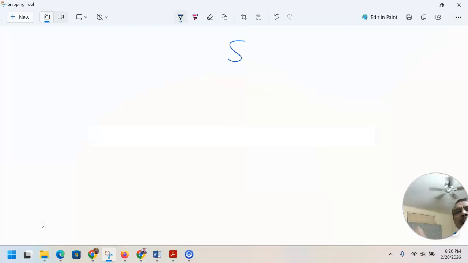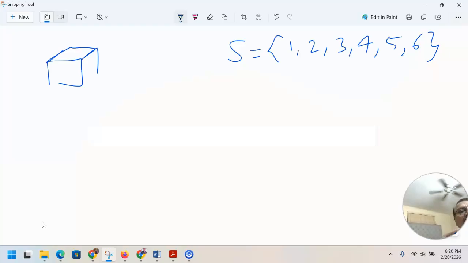Let's take another few examples just to get an idea of what I'm talking about. This is the sample space when you roll a die. So for B, let's take another example: a number greater than 4.